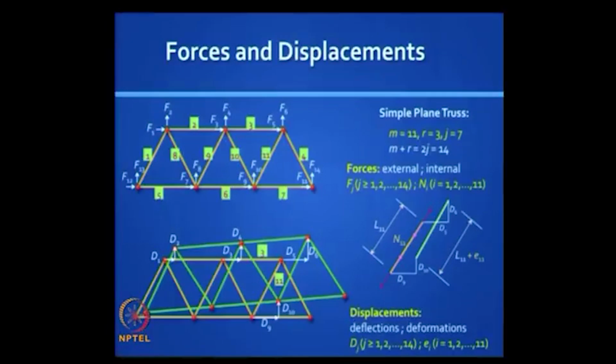And conjugate with this definition, you have Fj, the joint forces, where j can vary from 1 to 14, and Ni, the internal axial forces, where i can vary from 1 to 11. Is this clear? So this is a kind of simple framework which is useful for us. The important thing to note is all the forces must satisfy equilibrium, and all the displacements must satisfy compatibility.